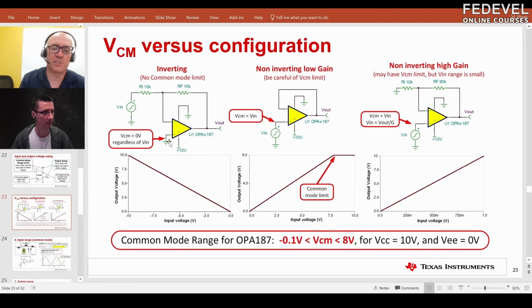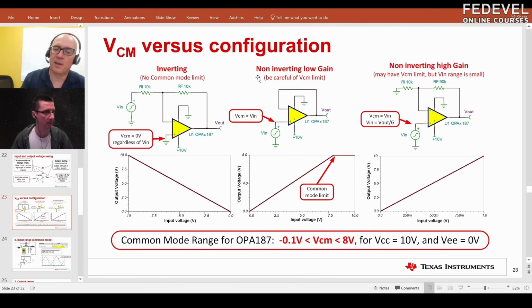The reason is the common mode, as I said, is the voltage on the non-inverting input, which is also the voltage on the inverting input. It doesn't matter what the input signal is in this inverting configuration, the common mode is always going to be 0 in this example. So there is no common mode limitation due to the input signal here because the common mode's fixed by that.